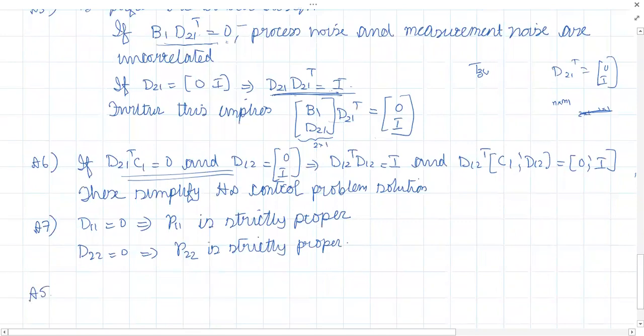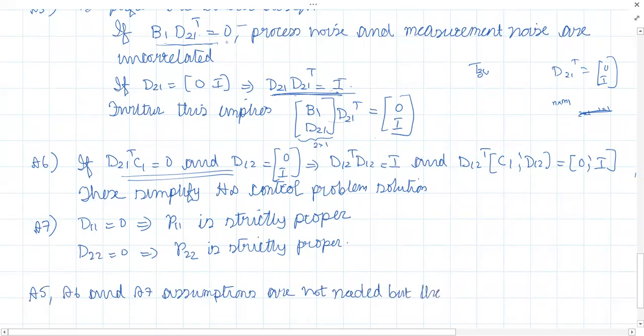These assumptions are not needed, but they will simplify the equations.